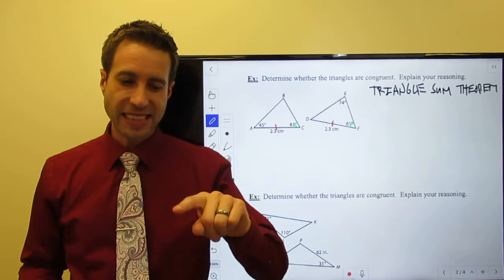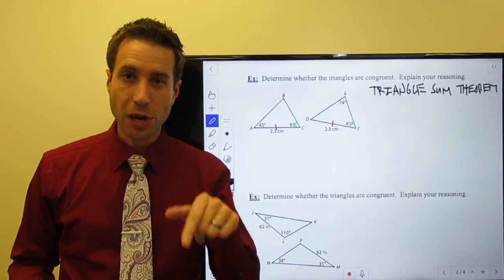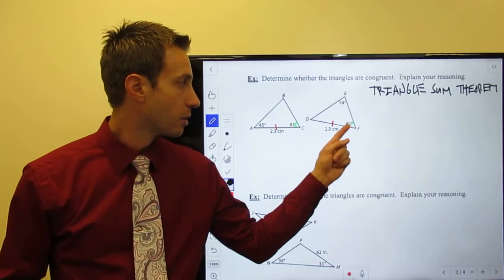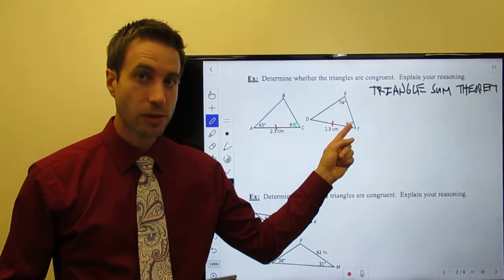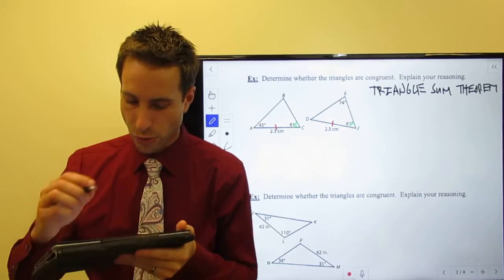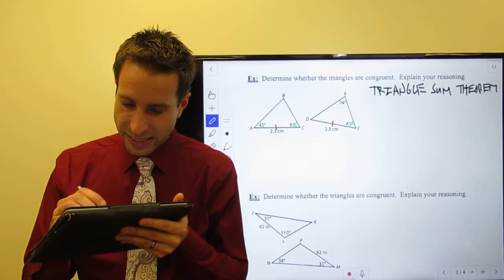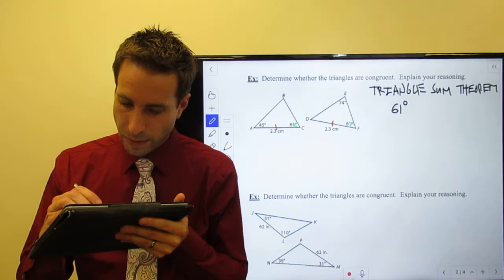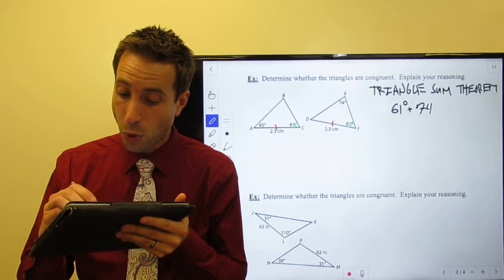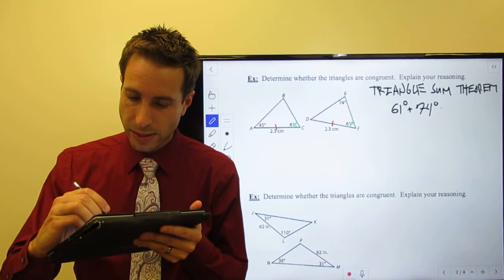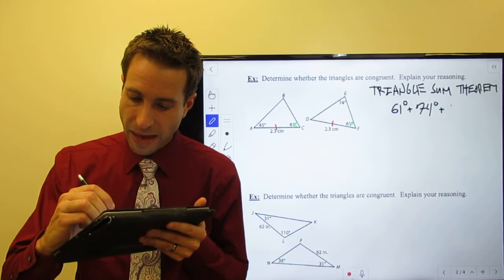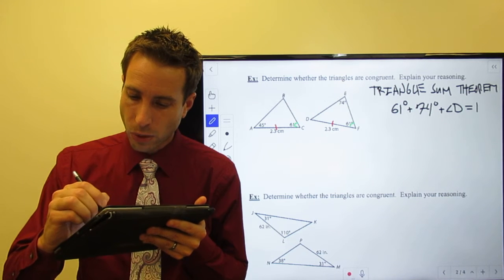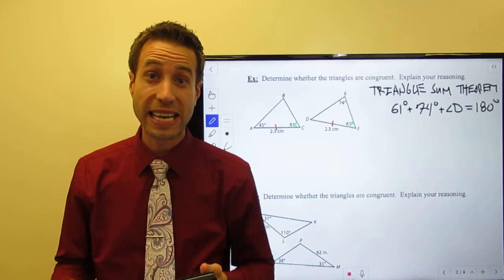It said that all three interior angles must sum to 180 degrees. Well, I know two of the angles. Let's find that third one. So here's what I know. 61 degrees plus 74 degrees plus, I don't know, angle D must equal 180 degrees.